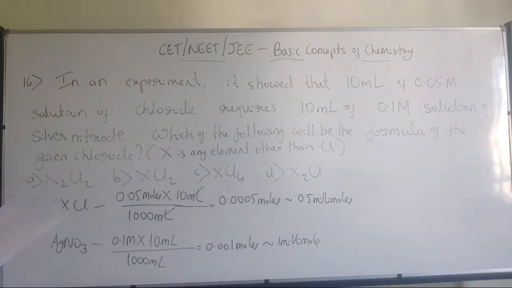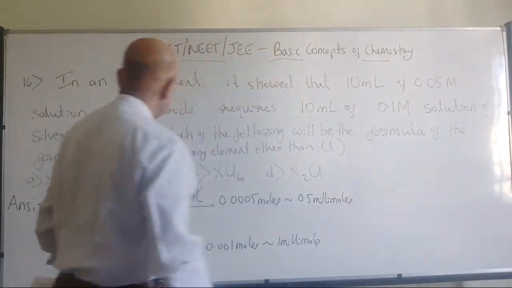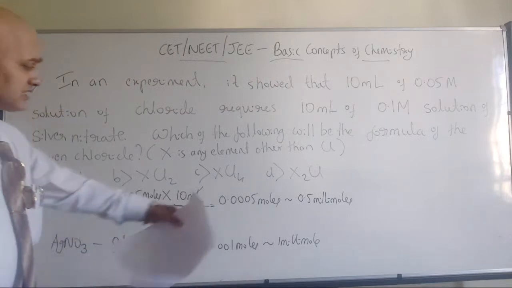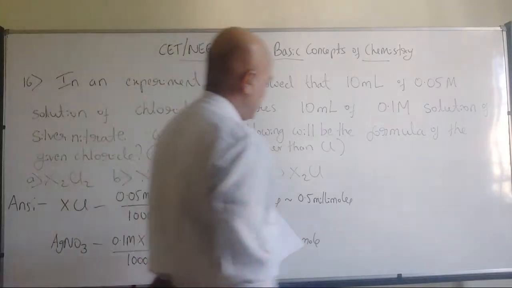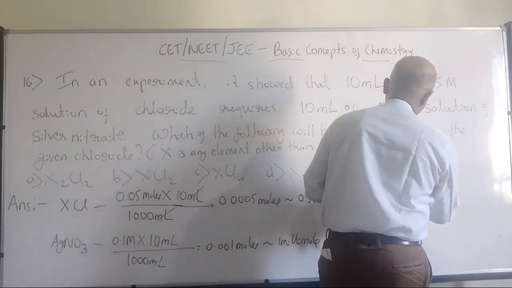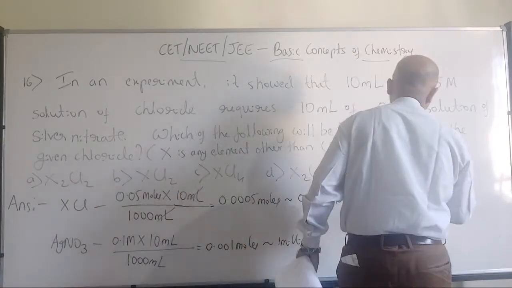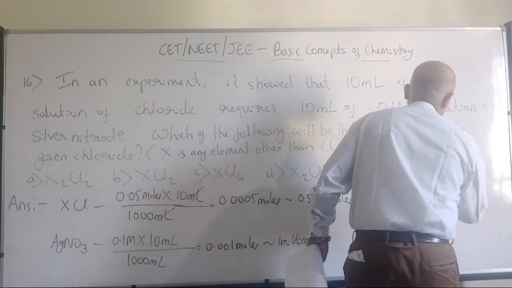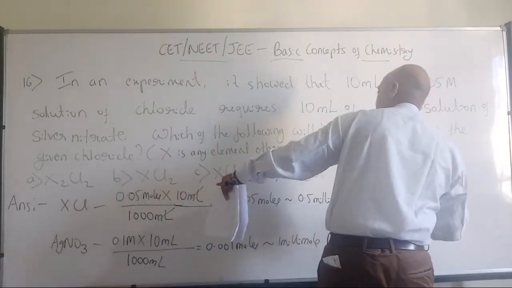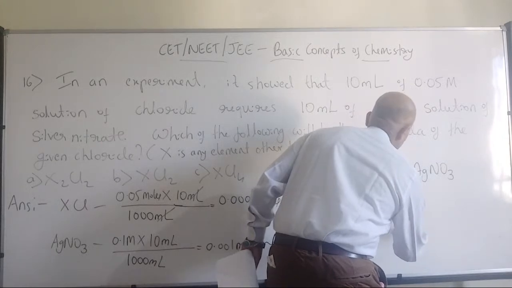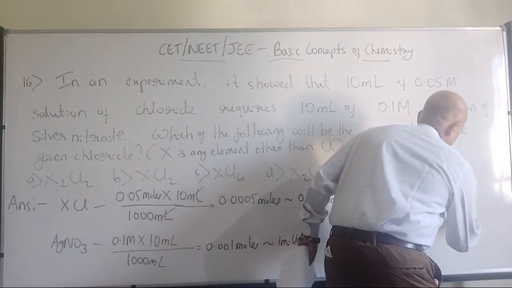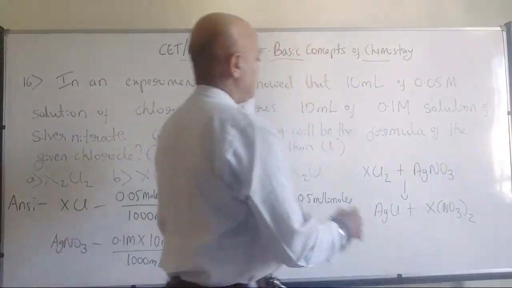Therefore the equation should be, for example, with XCl2 as the compound and silver nitrate as the other reactant, they get converted into silver chloride and X nitrate.